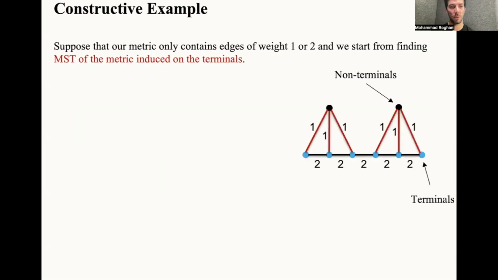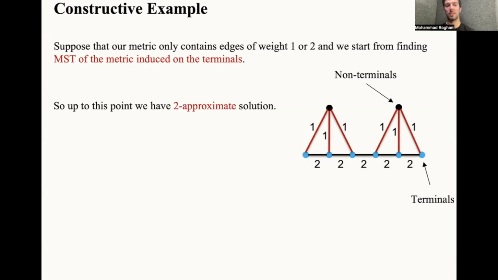We first start by finding an MST of the metric induced on the terminals. Here in this given graph, the MST of the terminals, which are the blue vertices, is this path of edges with weight 2.